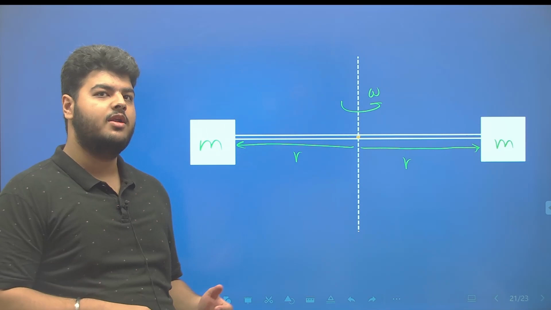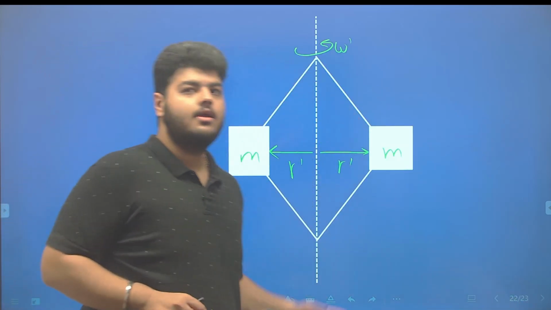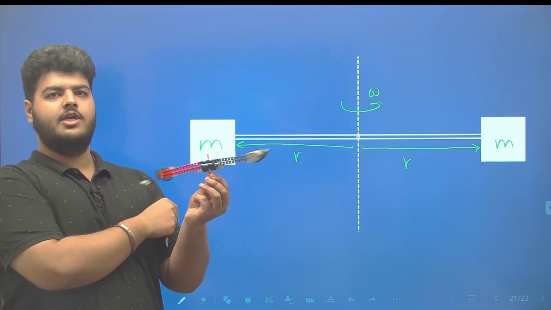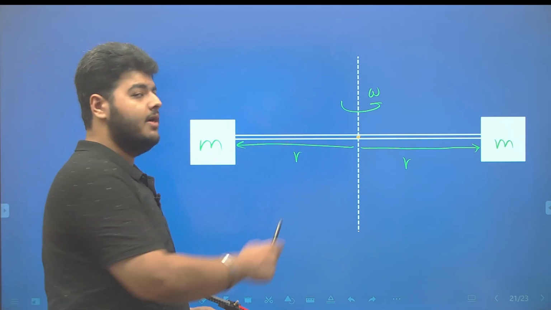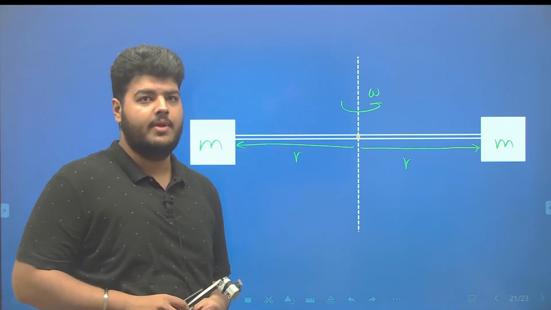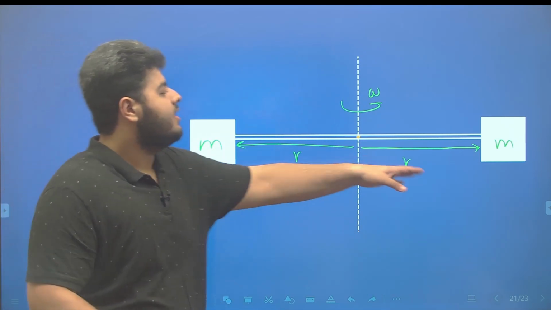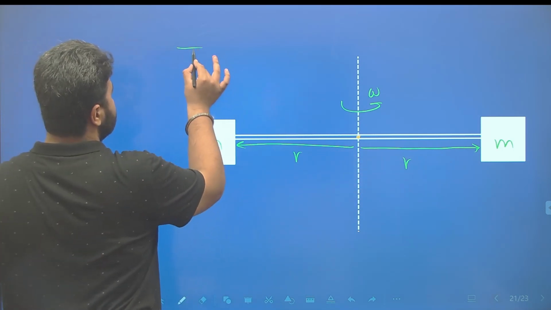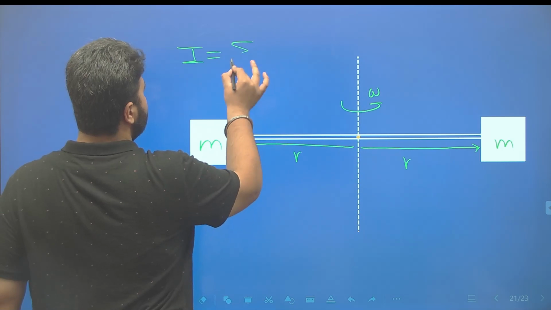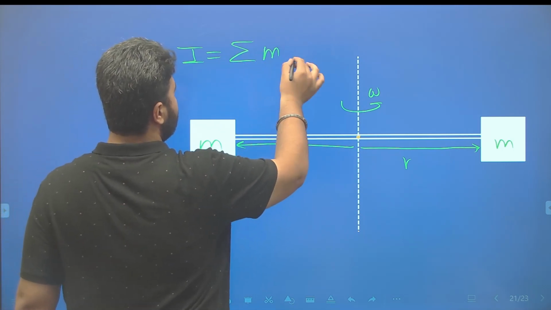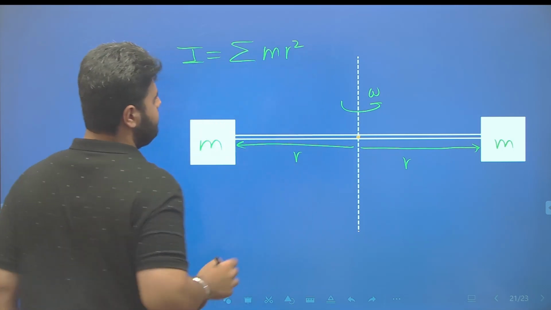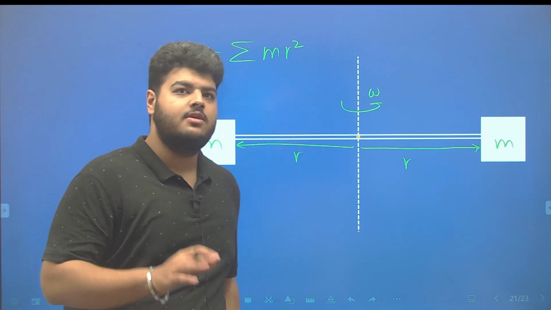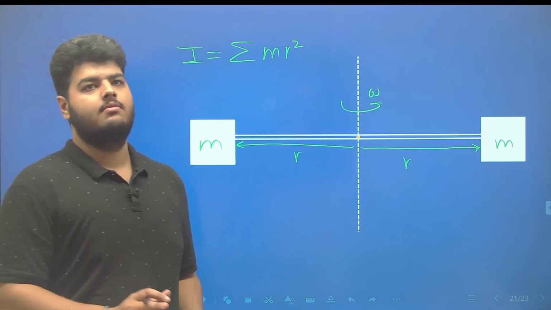So the situation is similar to these two diagrams here. In the first case, when this object rotates around this axis of rotation represented by the dotted line, it has an angular velocity omega, and due to this configuration of masses and the position vectors, it also has a moment of inertia, which is the sum of masses times position vector squared, the sum of all these mr square values for each particle of the configuration.